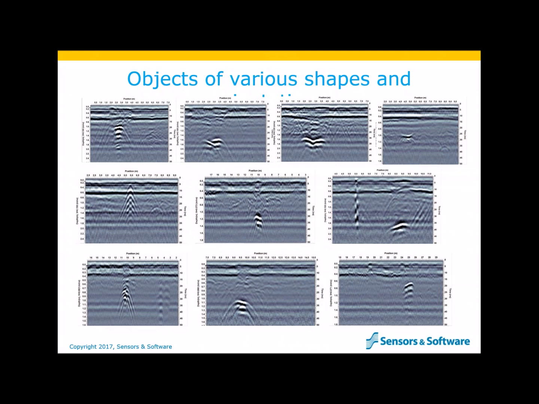Many of the objects show hyperbolic responses, but you can tell that some of the objects are oriented at an angle because of the distortion of the hyperbola. For example, this one and this one and this one all look like that object is sitting at an angle. The two that I find very interesting are the one that looks like a bird and the one that looks like a braid right beside it. I wish I knew the shapes of these parts.